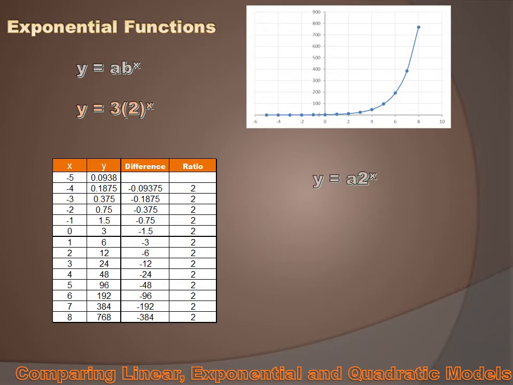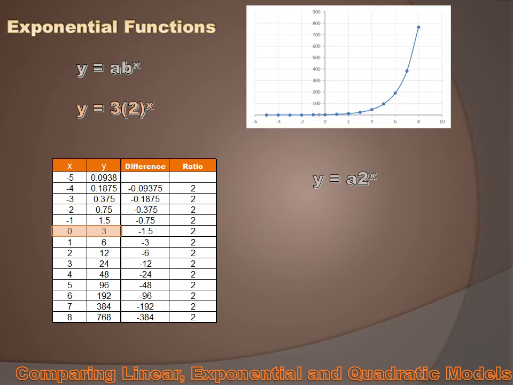So we know that our generic equation, y equals a times b to the x power, would start out with y equals a times 2 to the x power, because 2 is the ratio of change for an incremental change of 1 in x. Well, now we could substitute x and y values from our table and figure out what a equaled. Let's start with some easy x and y values, 0 and 3.